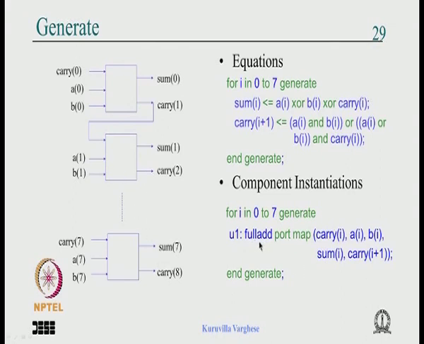Then you do this kind of component instantiation through a generate loop. For I in 0 to 7 generate, then give a label, you say full add, that is the entity name, port map, and I am assuming the ports are defined in this order: carry, A, B, sum and carry out. So you say carry I, AI, BI, sum I and carry I plus 1.